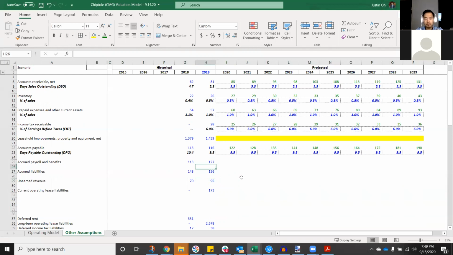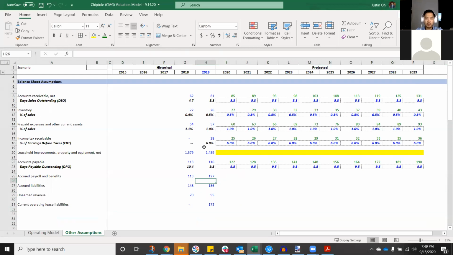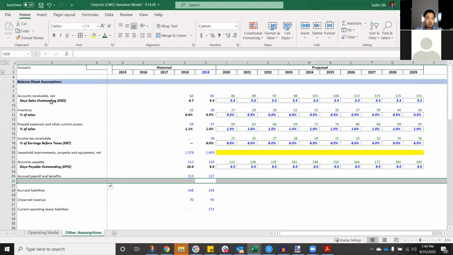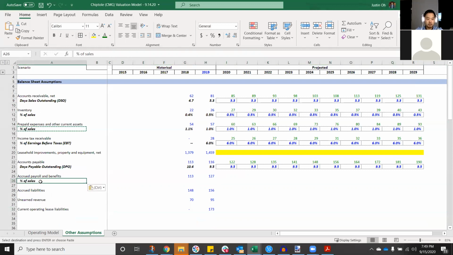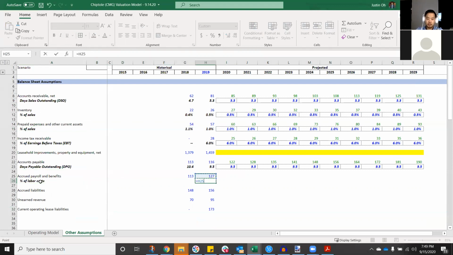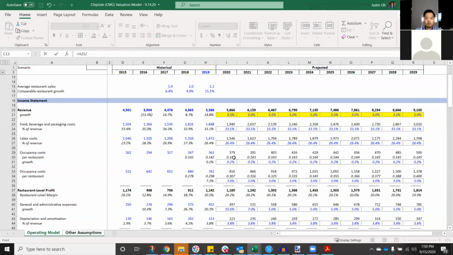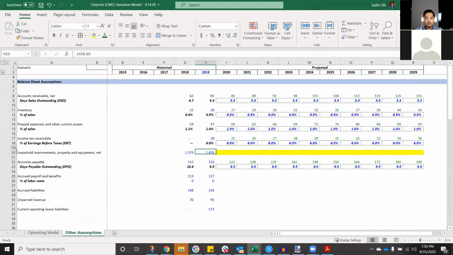Accrued payroll and benefits, I'm going to do that as a percentage of labor costs. So percentage of labor costs equals this divided by that. Okay, 8.6%. Pretty clean.